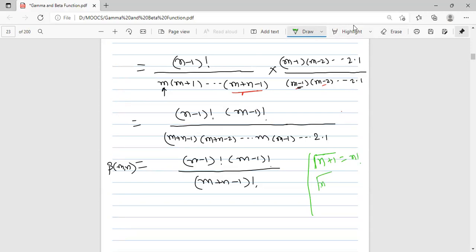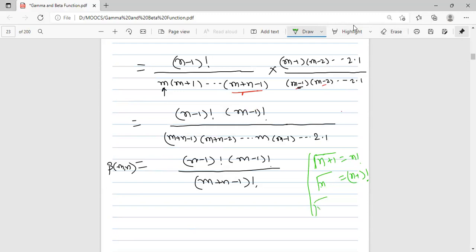Therefore, gamma of n is equal to n minus 1 factorial.